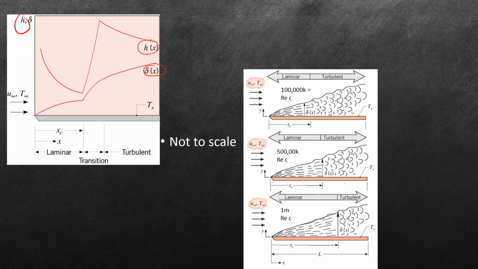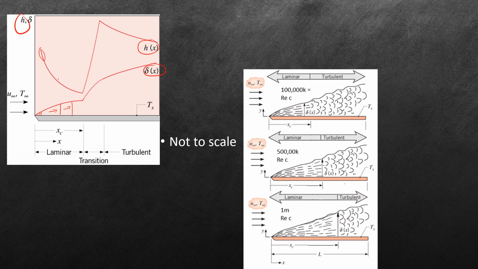As we can see here, at a small boundary layer, we have a high value for the convection coefficient. But as we move across the plate and the boundary layer gets larger and larger, our temperature gradient becomes lower and lower, thus giving us a lower convection coefficient.